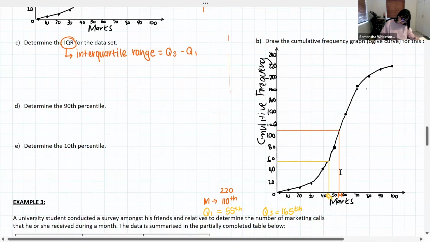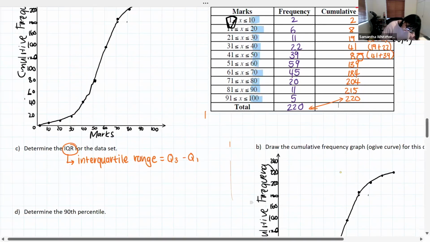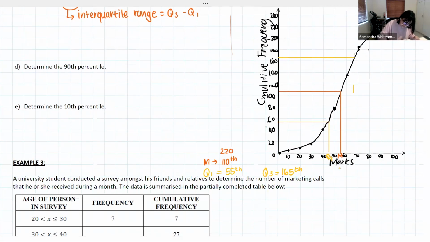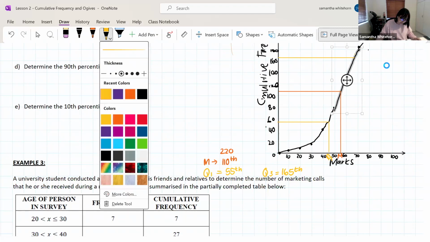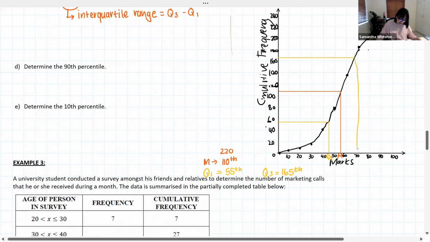Q3, we said, would be at the 165th position. So about there, draw a line, and then we're going to drop it down. It's not going to do it, so I'm just going to do this. Okay, now once you have that, like I said, you're just reading off values.